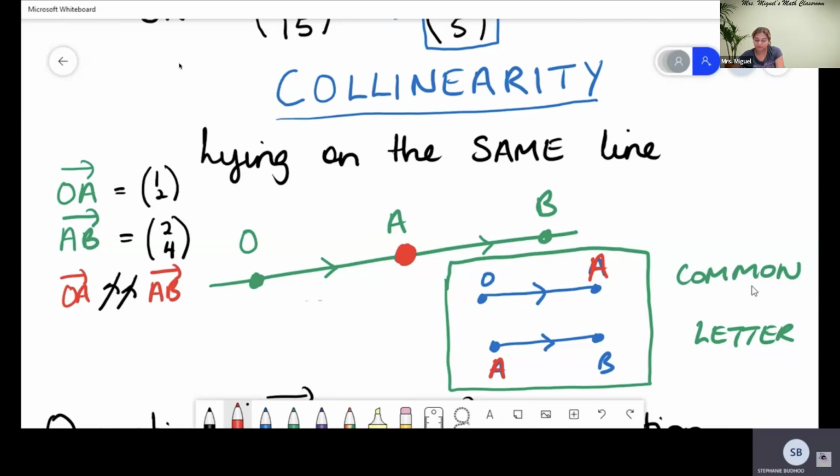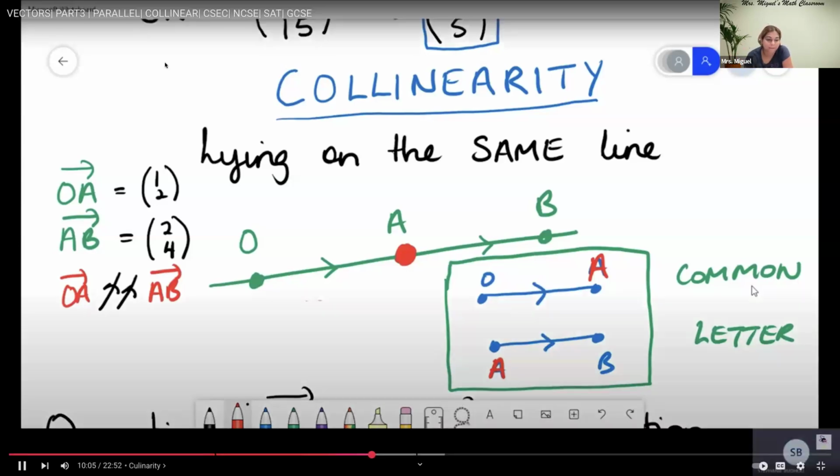That way, the vectors are definitely parallel to each other. As you can see, all segments of a line would be parallel to each other. They follow the same direction, the same inclination, and if they contain a common letter or a common part, then they should belong to the same line.